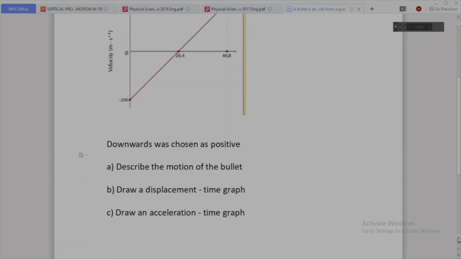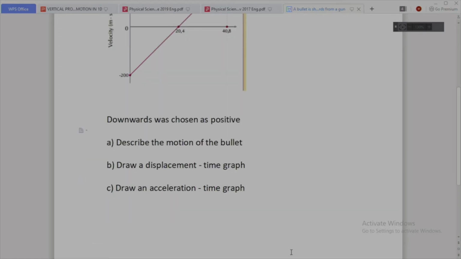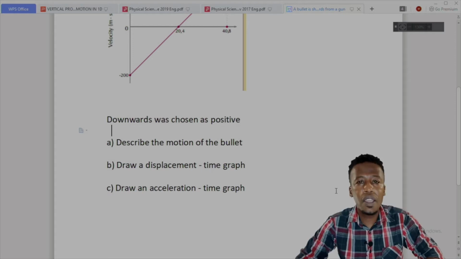Now moving on, it says draw a displacement time graph. Now if we are going to draw a displacement time graph, what is missing from that?